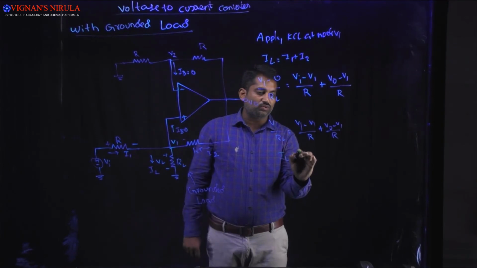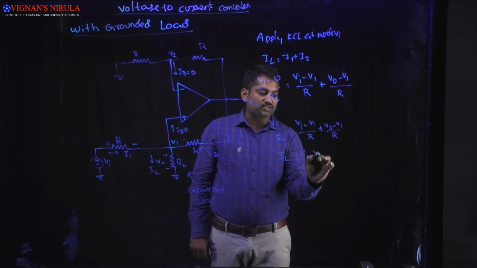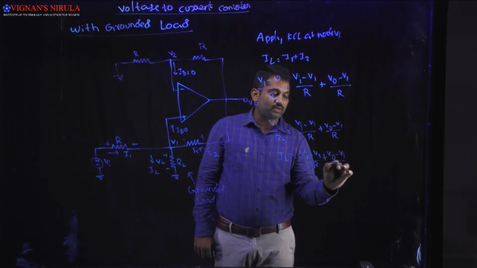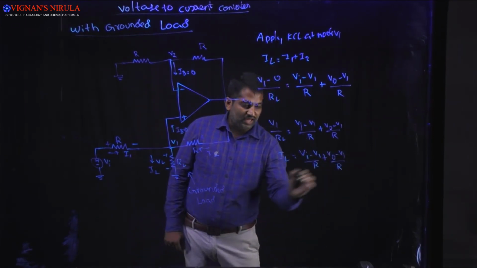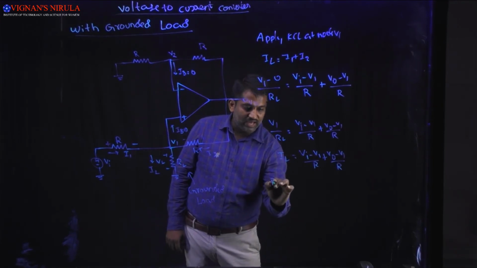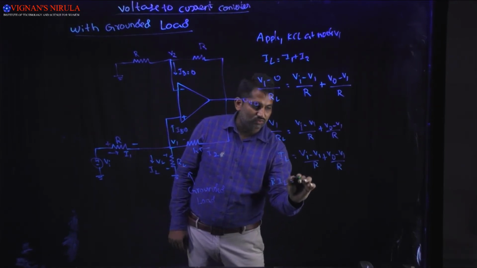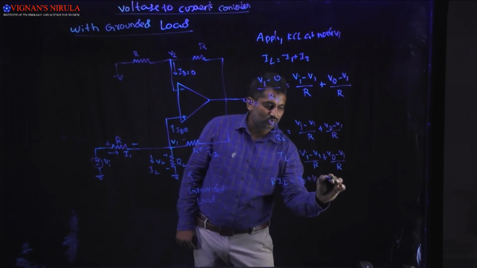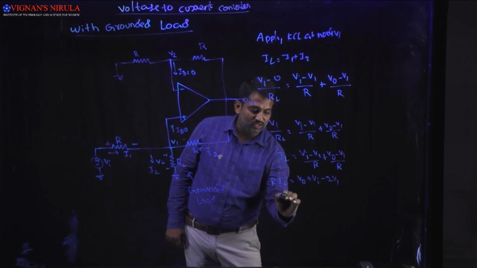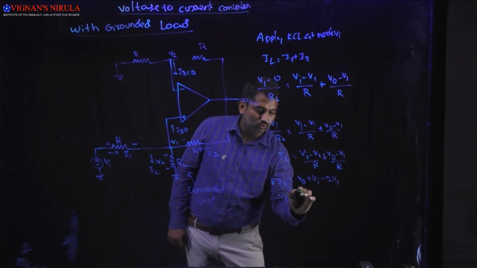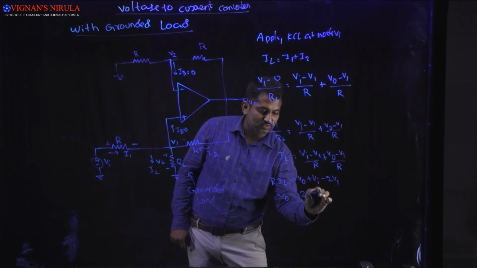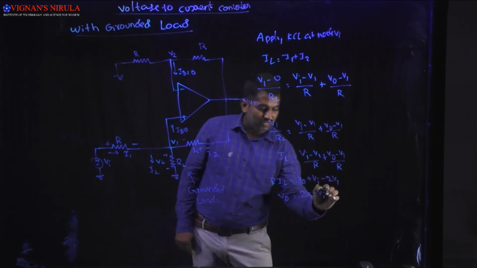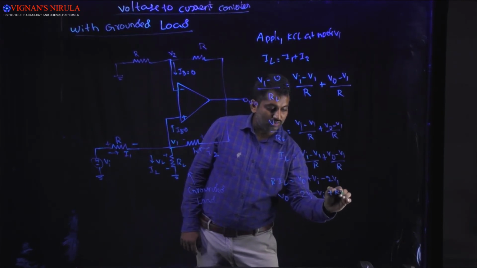So IL is equal to (Vi minus V1) divided by R plus (V0 minus V1) divided by R. Take the LCM and rewrite it as R into IL is equal to V0 plus Vi minus 2 into V1. From this, V0 is equal to 2 into V1 minus Vi plus R into IL.